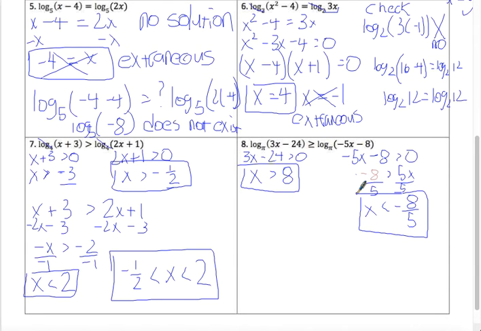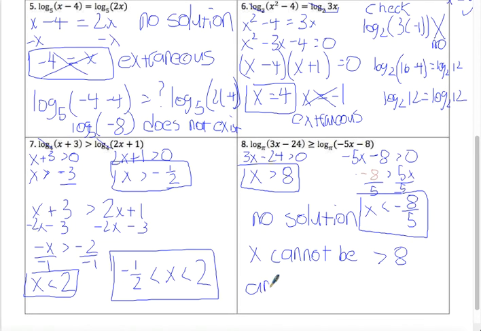And the answer is no. So this has no solution, because we have reached what we call a contradiction. x cannot be greater than 8 and less than -8/5 at the same time.